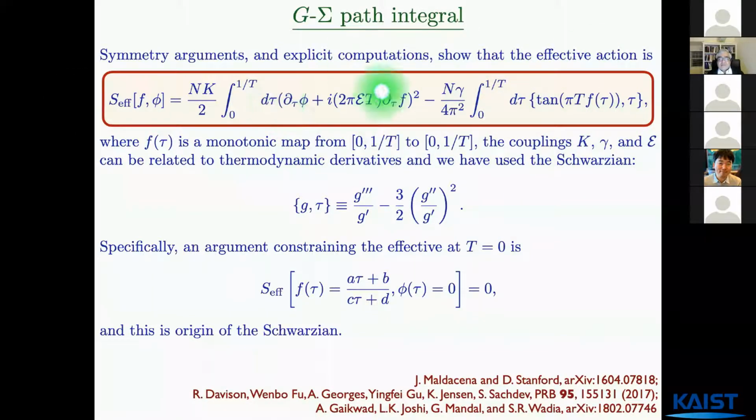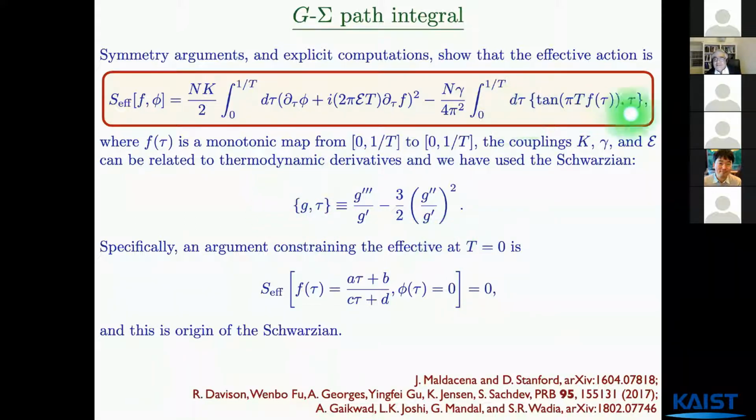This is the term written down by Kitaev and Maldacena and Stanford. Ignore the tangent. Let's just imagine we're at 0 temperature, but it's just replaced by f of tau. So it's what's called the Schwarzian of f of tau. And it's some complicated set of horrible derivatives that I've never seen before, at least in condensed matter physics.